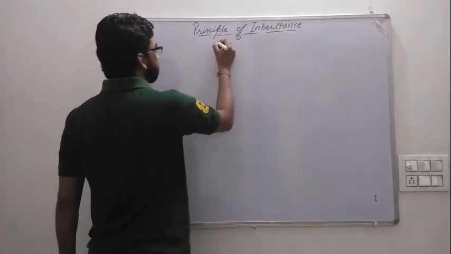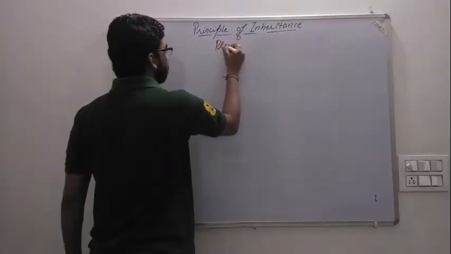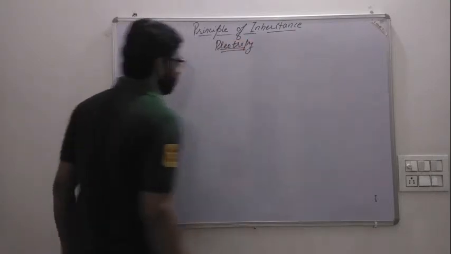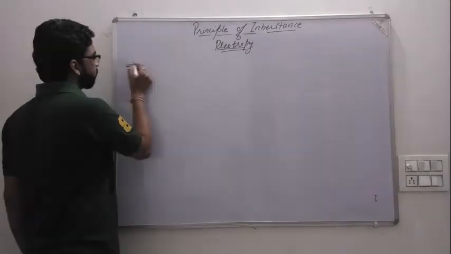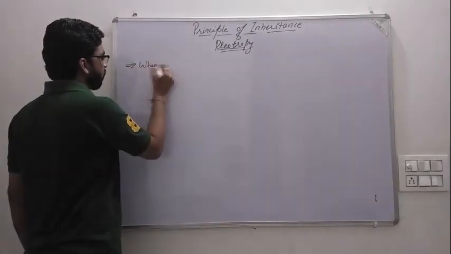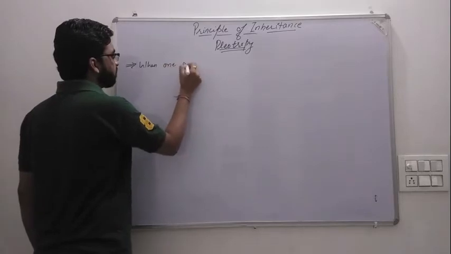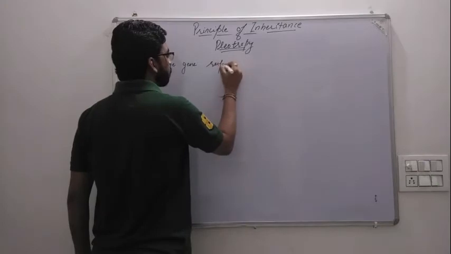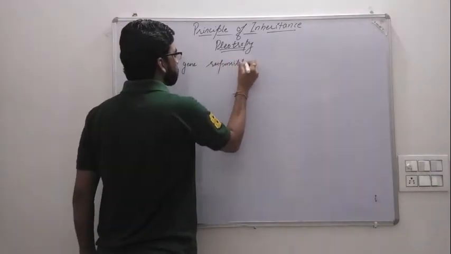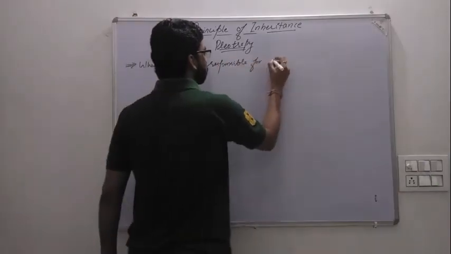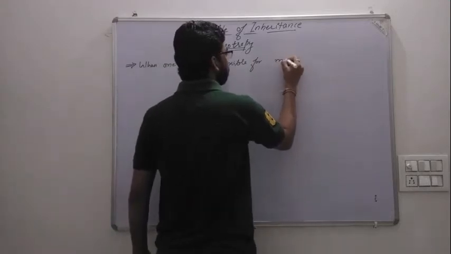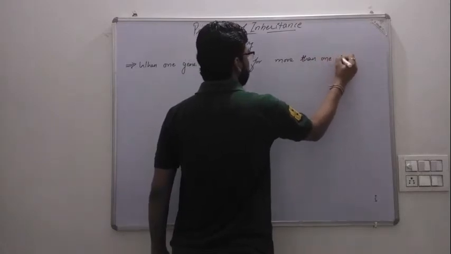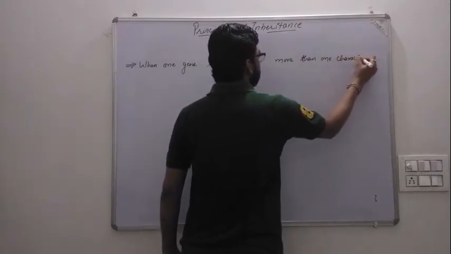The topic is pleiotropy. What is the meaning of pleiotropy here? Pleiotropy means when one gene is responsible for more than one character.